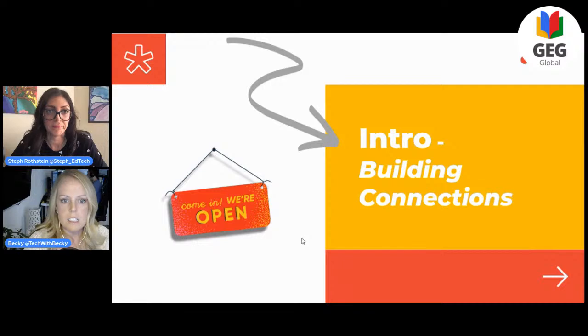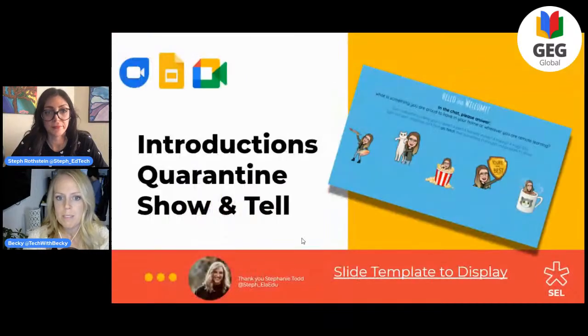So definitely access the slide deck with the bit.ly, and we'll put it up again at the end. This beginning part really is about building connections and relationships with students and teachers, getting to know each other in a few brief minutes at the beginning of every meeting.